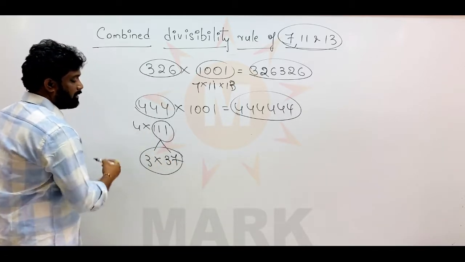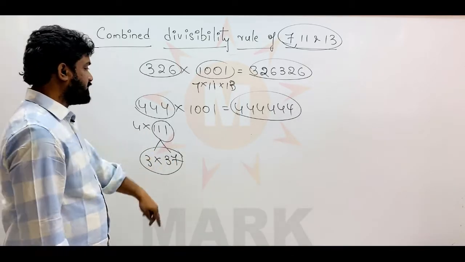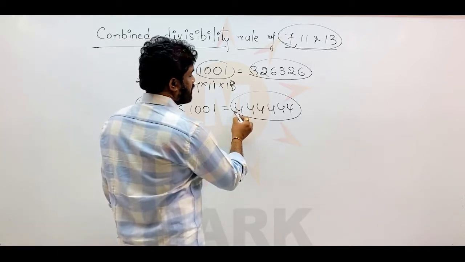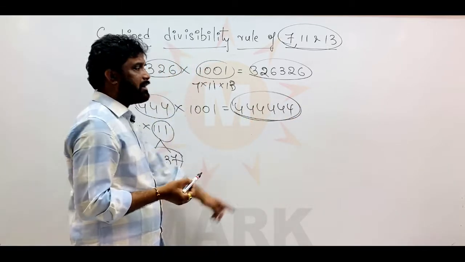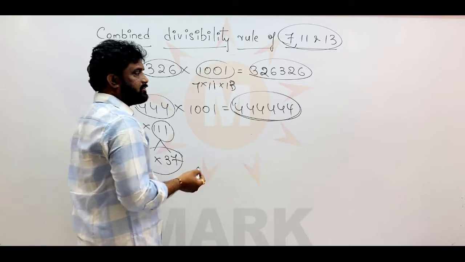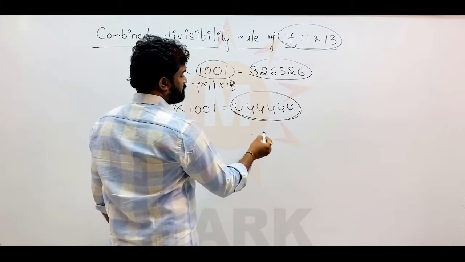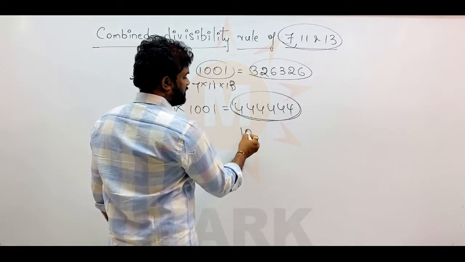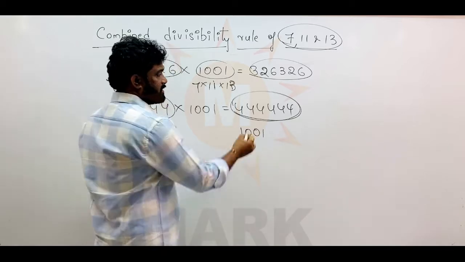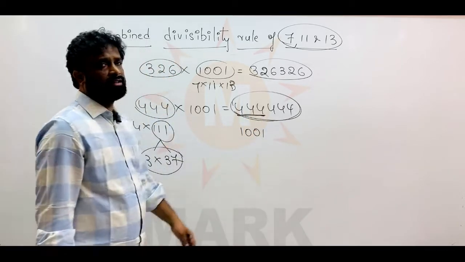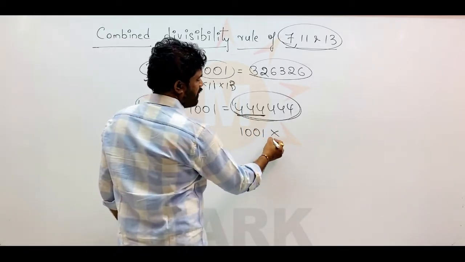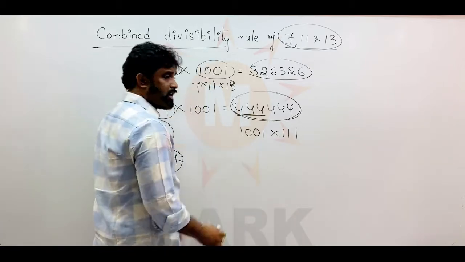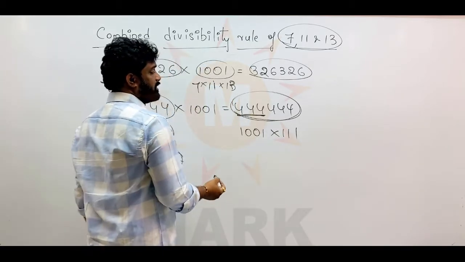That means it will also be divisible by 3 and 37. If you write with what basic prime numbers 444 and 444 is divisible by, you will say, sir, it is anyway divisible by 1001. Since the 3-digit number contains all the same digits, it will also be divisible by 111.